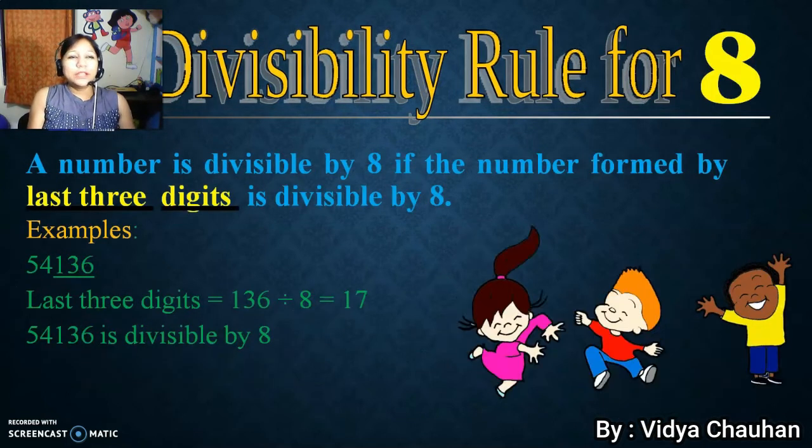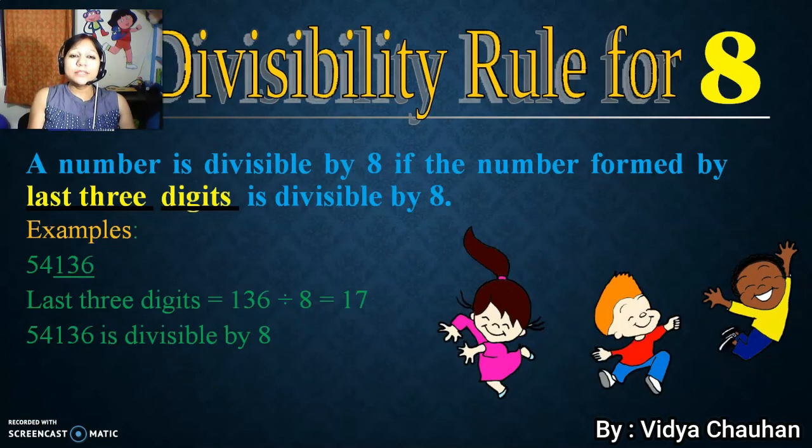Moving forward with the divisibility rule for 8. The rule says a number is divisible by 8 if the number formed by the last 3 digits is divisible by 8. That means the digits at ones place, tens place and hundreds place form a number, and if it is divisible by 8, the complete number is also divisible by 8.